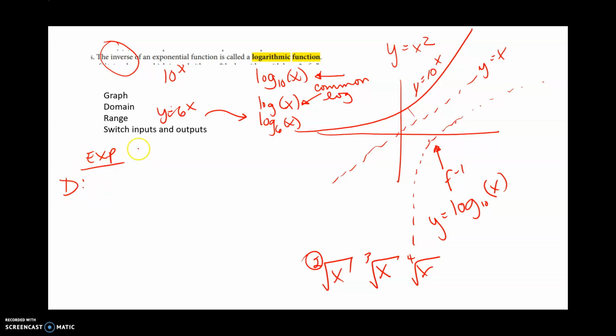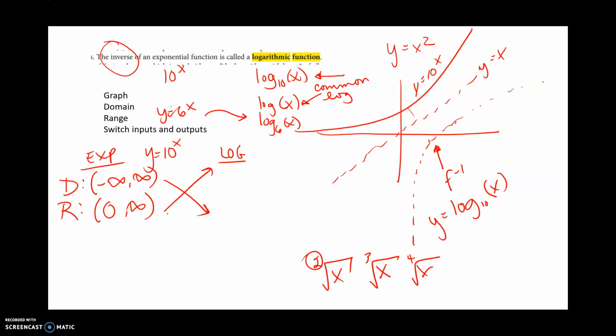If we look at the parent graph, it looks like this. Our domain for exponentials, we said, is always all real numbers, and our range for this parent happens to be 0 to infinity. Well, if I look at the inverse, do you remember what happens with domain and range? They flip-flop, don't they? So the range of a log function is always all real numbers.